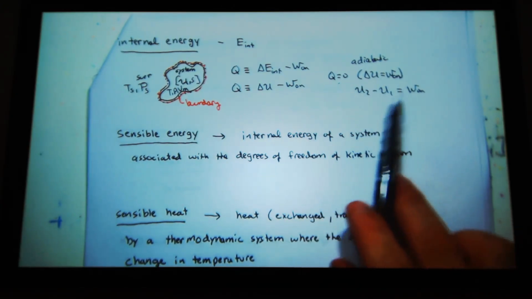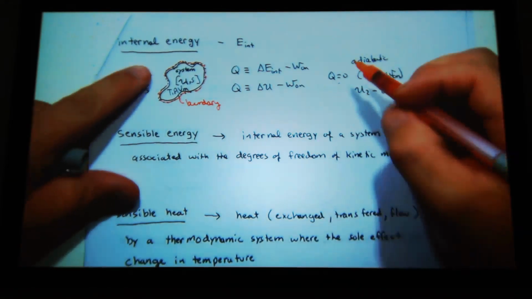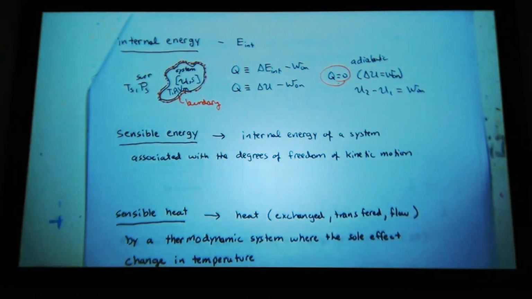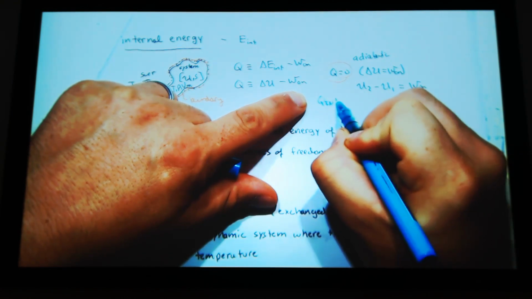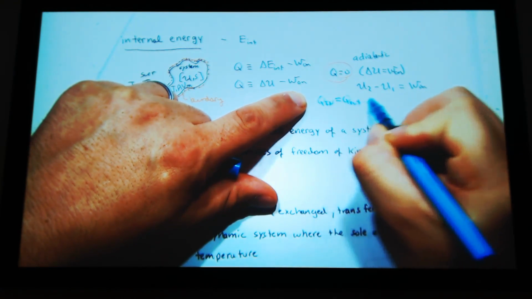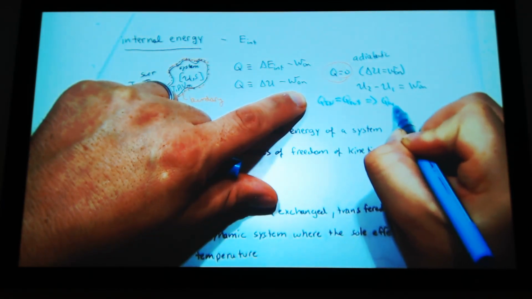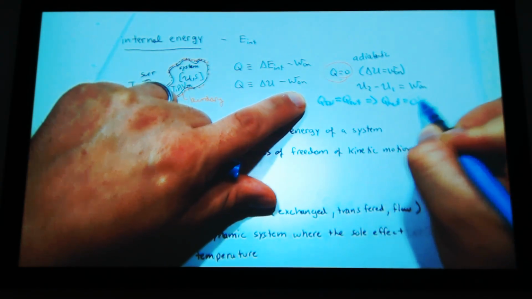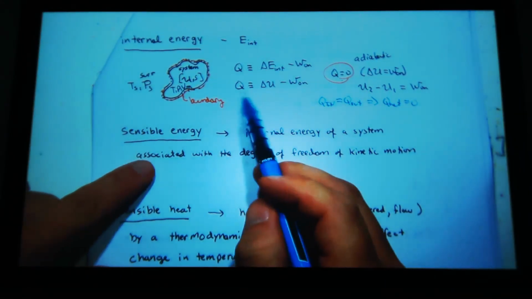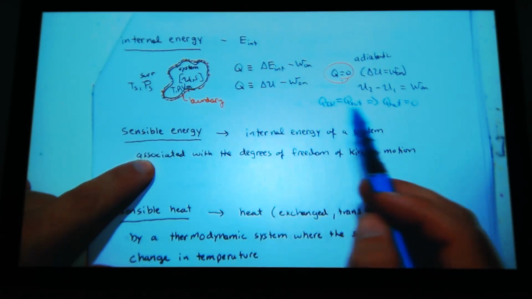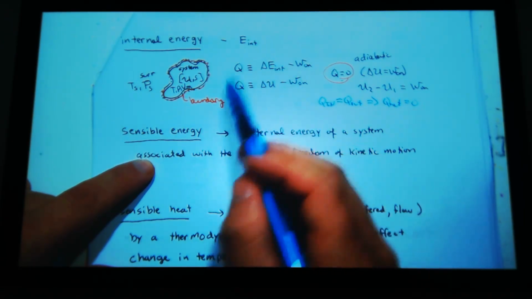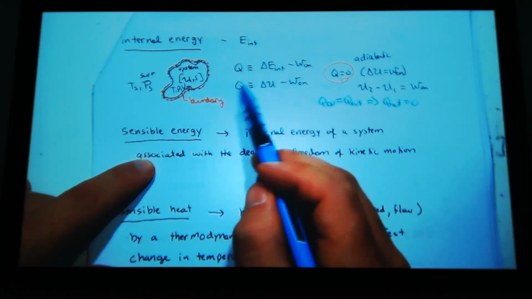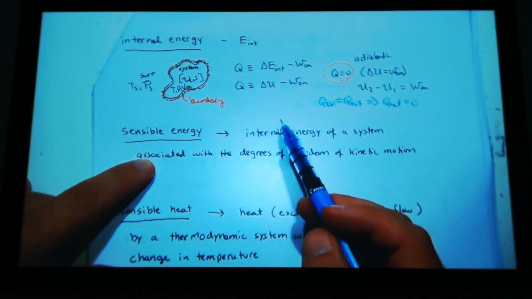Now I just want to point out that in this form where I say adiabatic, I'm saying Q is equal to 0. But Q equal to 0 can also imply that Q in equals Q out, which implies that Q net is equal to 0. When I wrote it in this form, I just said that Q out was 0. The way I've asked you to memorize the first law, I wrote that this Q out is 0 and it's only heat in.